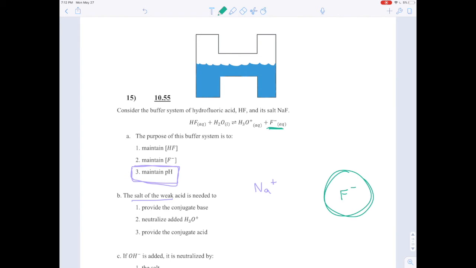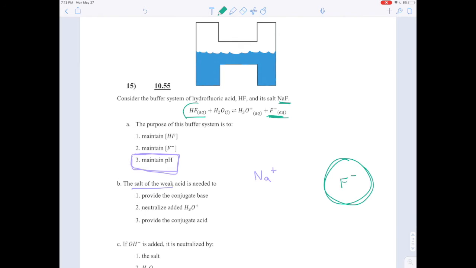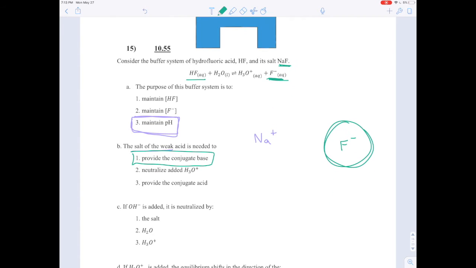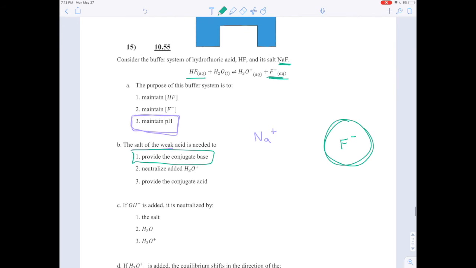And so when you want to create a buffer, you need the acid and the base. That salt is a way of adding that base to make sure that it's there for the buffer. So the salt of the weak acid, here's the weak acid, here's the salt that's relevant for it. That salt is important because it provides the conjugate base. It provides this F- that will be there to neutralize any acid that you add to the solution.